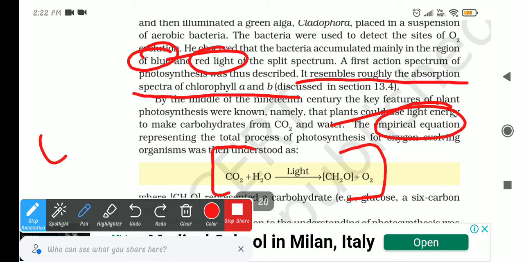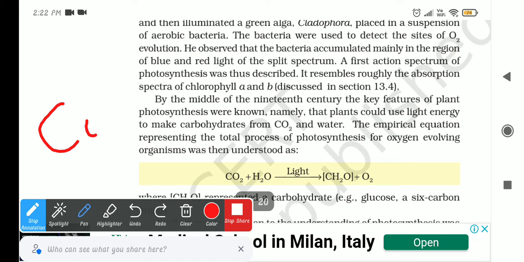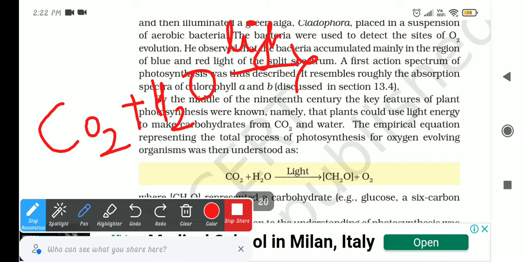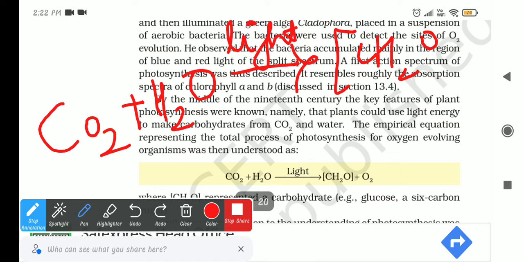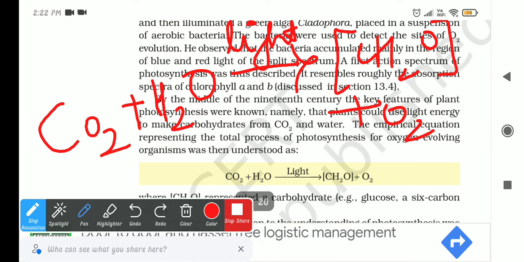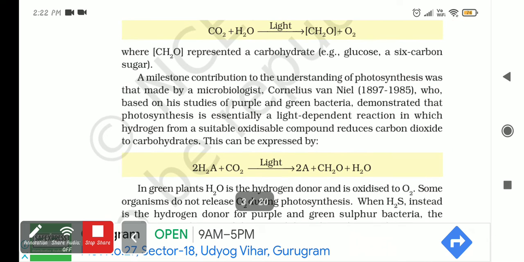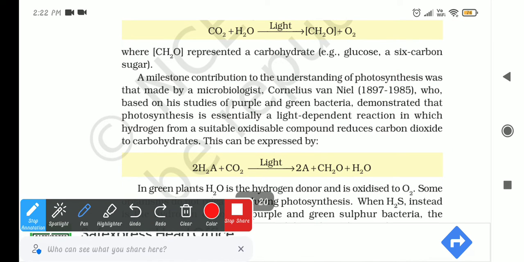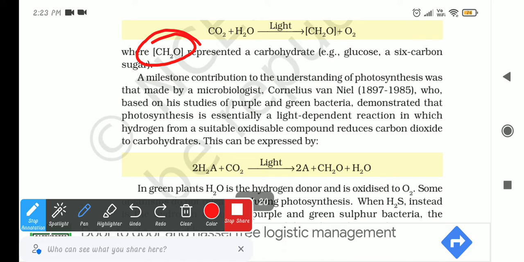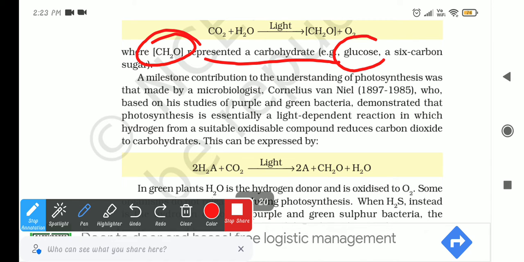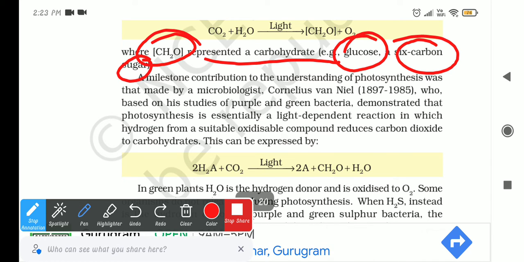We take CO2 from the surroundings in the presence of water and sunlight, and it gives rise to CH2O plus O2. This was the empirical equation, and here CH2O is carbohydrate, which is glucose, a 6 carbon sugar.